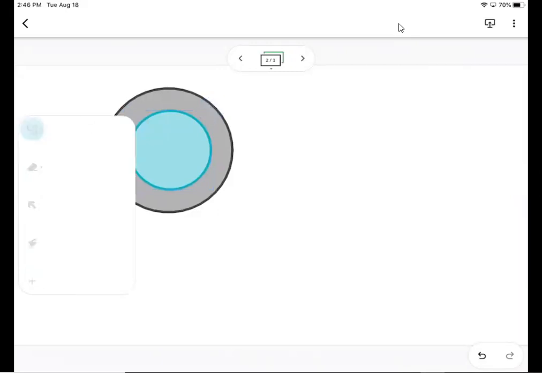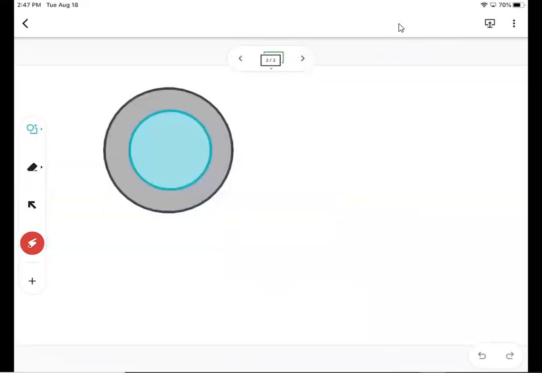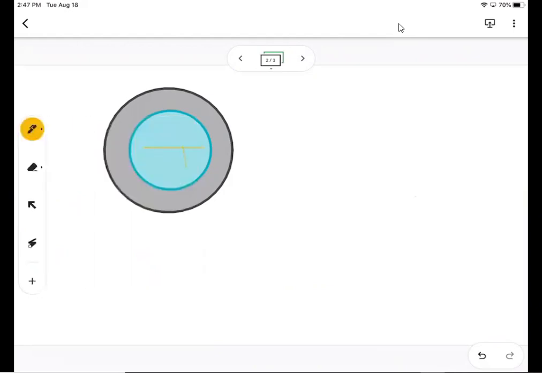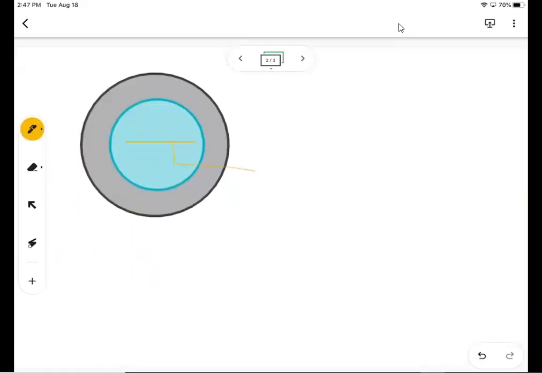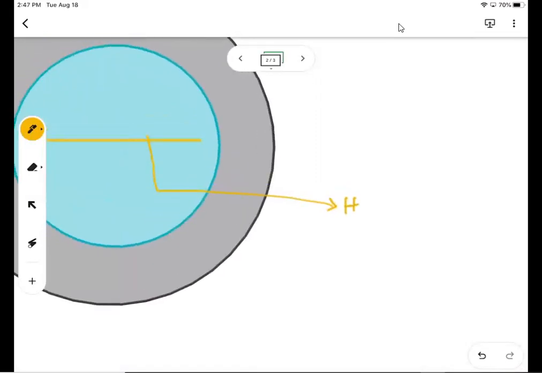Inside the red ball that you see over here, I'm drawing the inside part, how it looks. Inside this, there is a heater. I'll just name it here: heater.